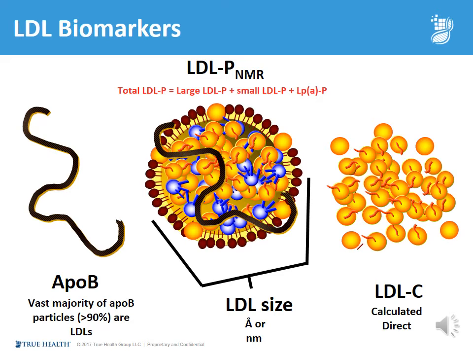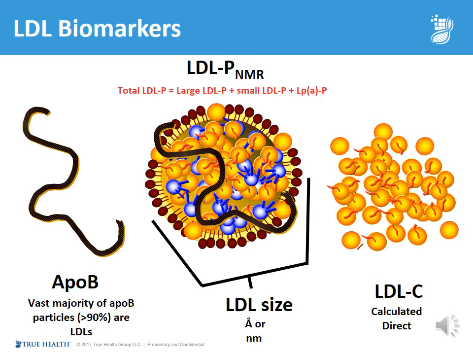So what you can order in a laboratory, on the top you see LDL-P NMR. That means low density lipoprotein particle count using nuclear magnetic resonance. It basically consists of all of the larger, smaller LDL particles as well as any LP little a particles that a person may have. Understand, we'll talk about it later, that LP little a-P is an orderable metric, but that is not performed using nuclear magnetic resonance.